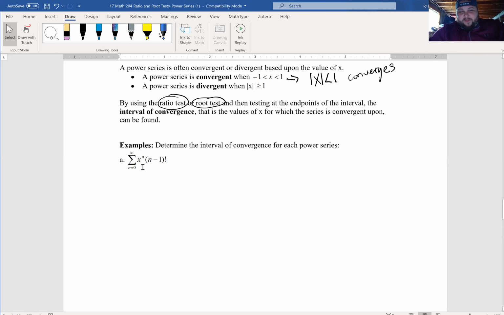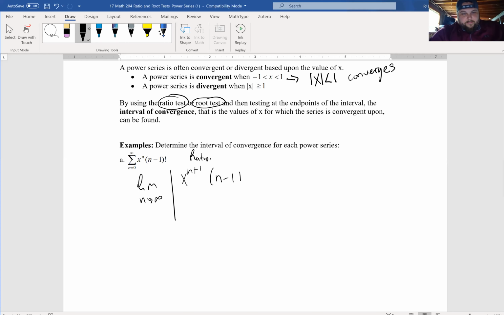So I'm gonna do this first one up here. Again, I'm gonna use the ratio test to start. So I need the limit as n approaches infinity of the absolute value of x to the n plus 1, and then you add 1 in there.